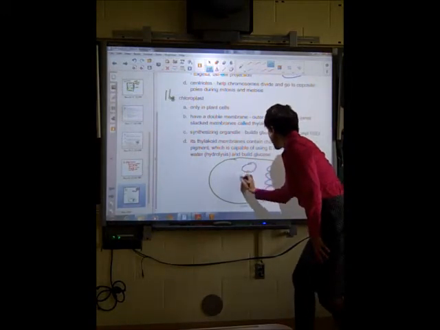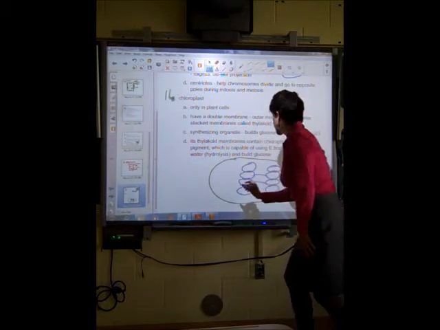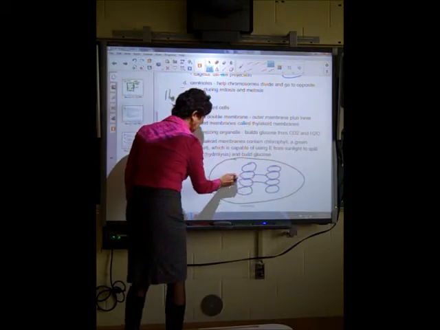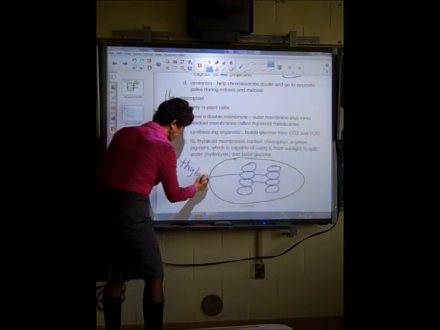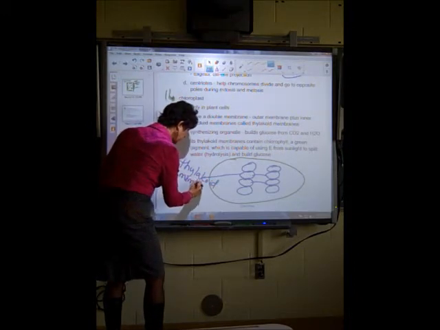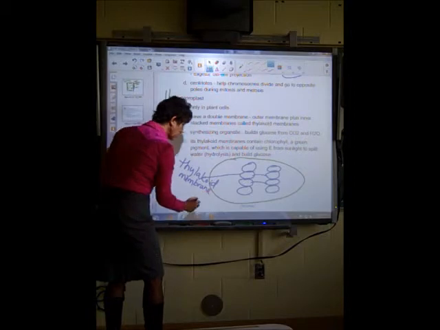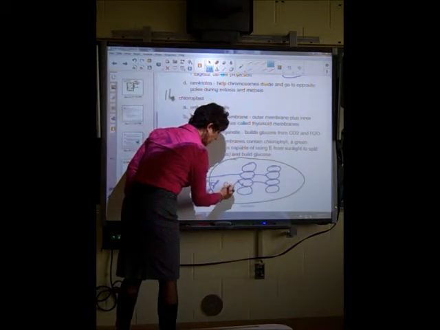So make some stacks like this. The stacks are often connected. The stacks themselves are the inner membrane called the thylakoid membrane. And I could label some chlorophyll.